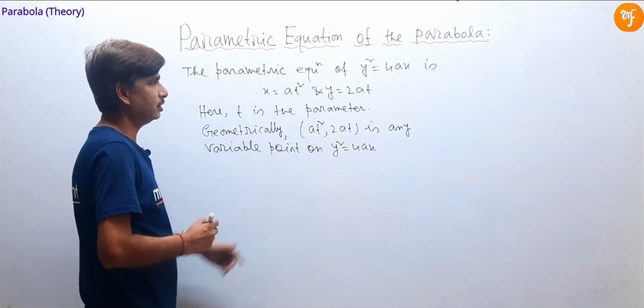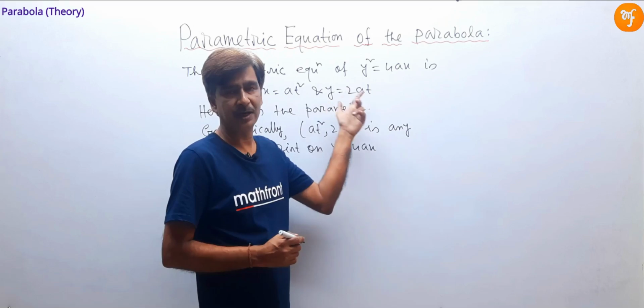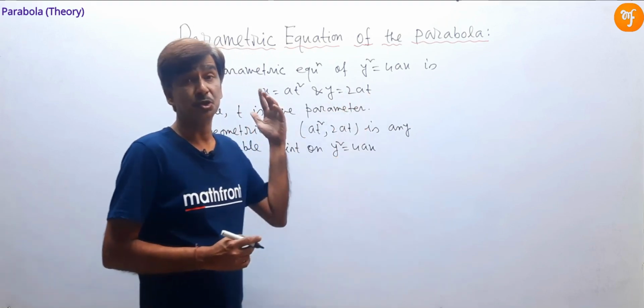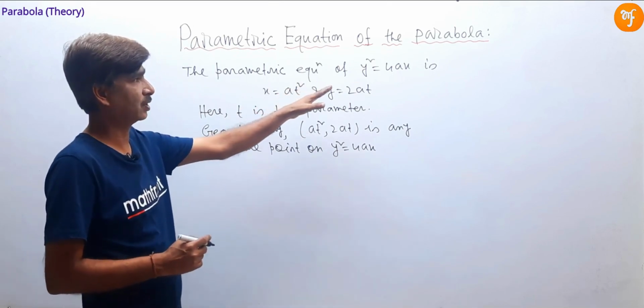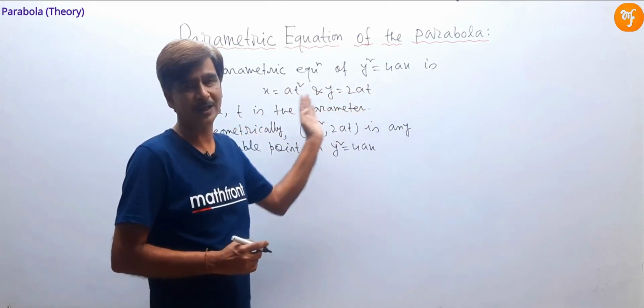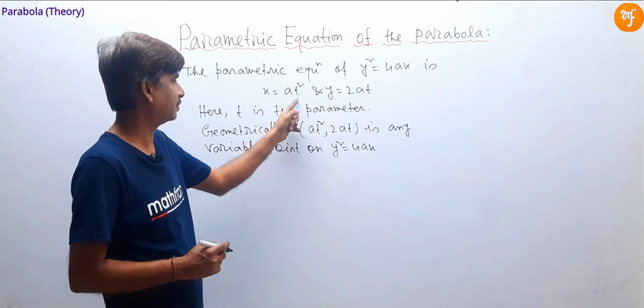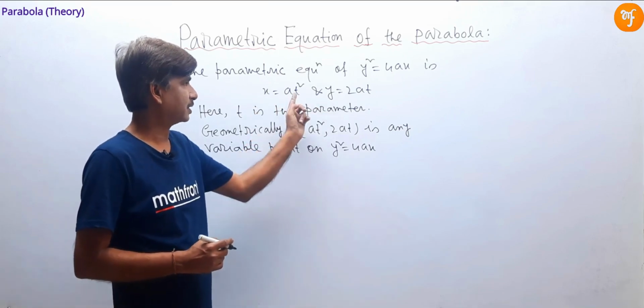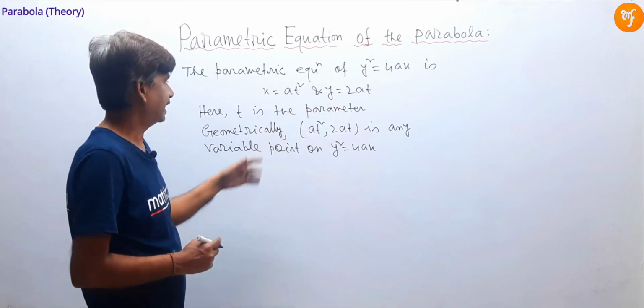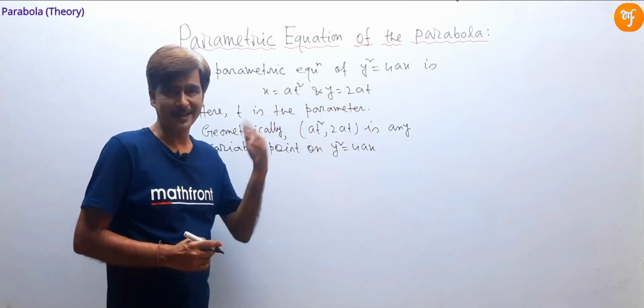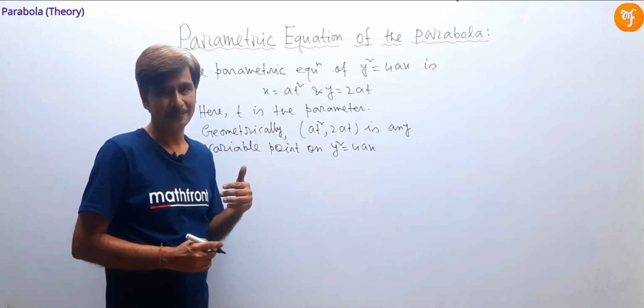This pair of equations x is equal to at square and y is equal to 2at together represents the parametric equation of the parabola y square is equal to 4ax, where t is the parameter, the third variable. Both x and y depend on the third variable t. a is constant. And geometrically at square comma 2at is any variable point on this parabola.